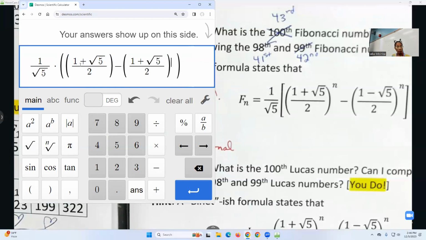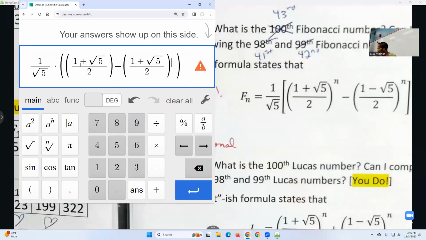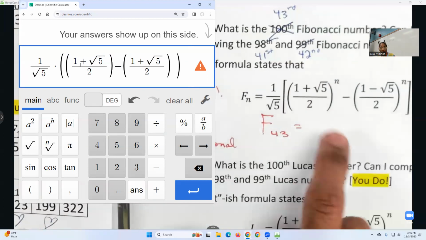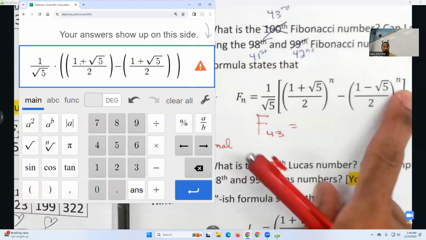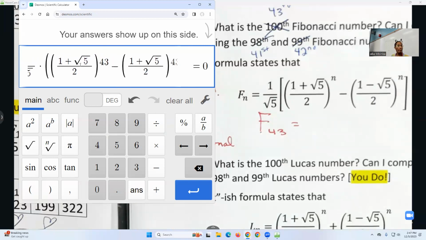Then I'm going to raise this exponent to positive 43, because we want to find the 43rd Fibonacci number. So I'm going to set Fn with n to be 43. I'll put an n there, 43, and an n there, 43. So we have a 43 here, and then put it over here also, exponent 43.